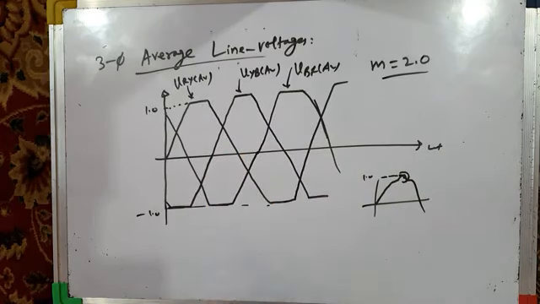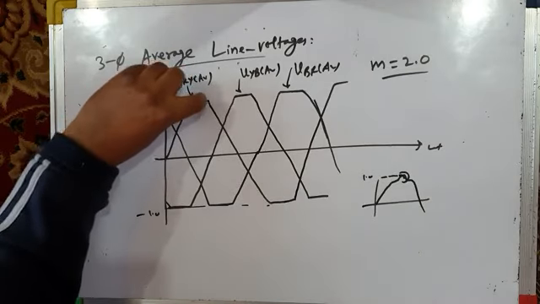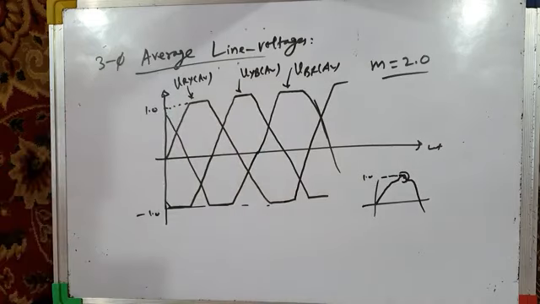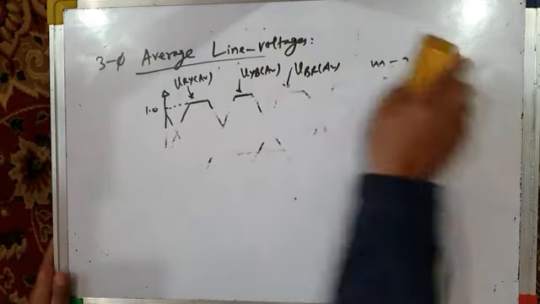So that will increase the magnitude of line voltages applied across the load, because the period for which your line voltages stay at 1.0 increases. So that increases the RMS value of inverter output voltage as far as line voltages are concerned.